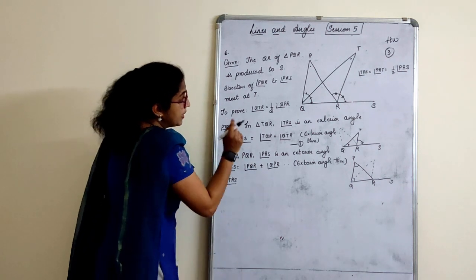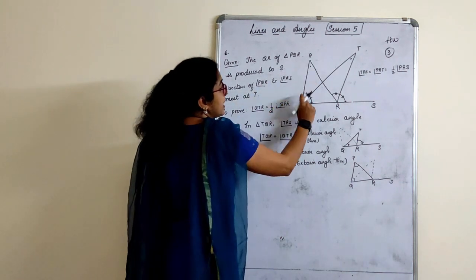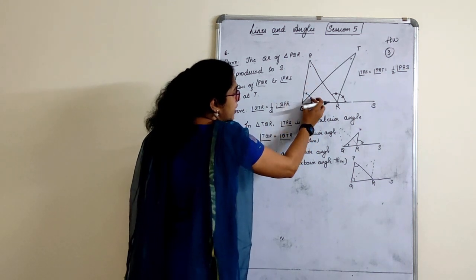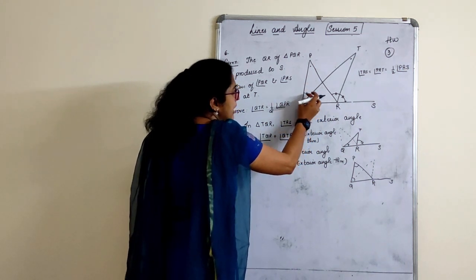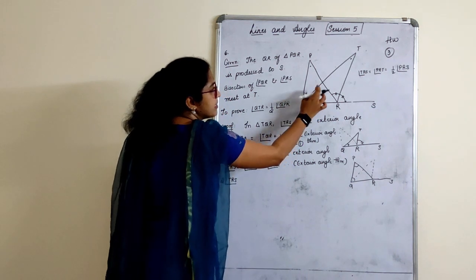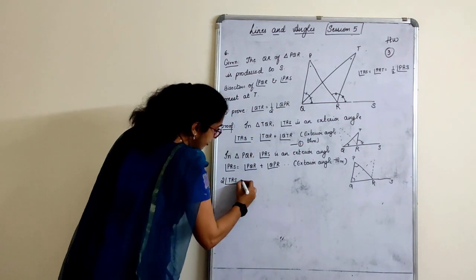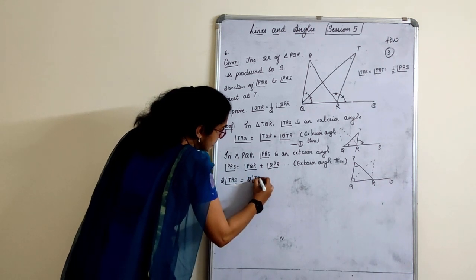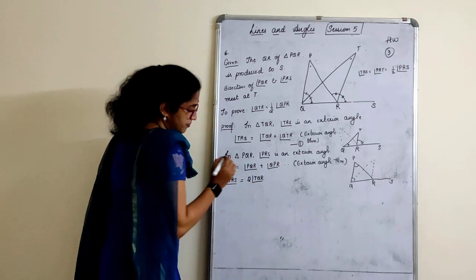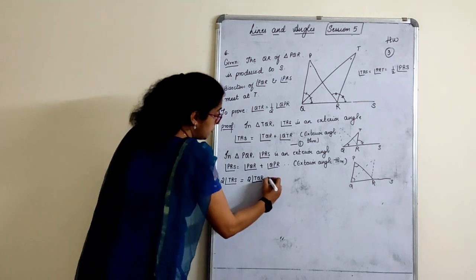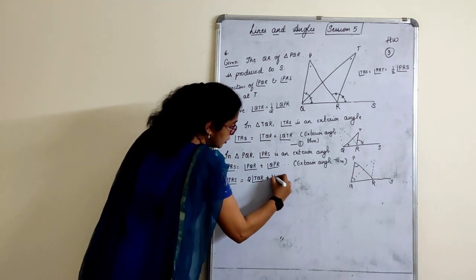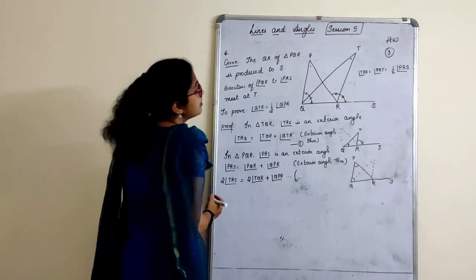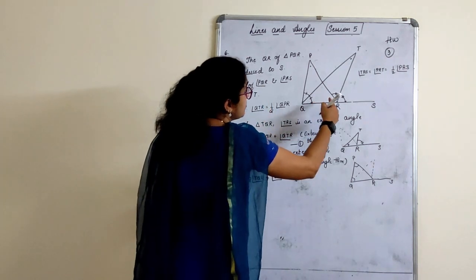Then come to the next one, PQR. Now PQR also is a whole angle. But PQR is nothing but the bisector of this angle as well as this angle. I can write PQR as 2 times angle TQR, plus, as it is, QPR. What reason will you write here?